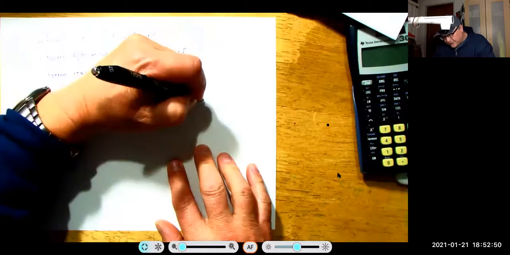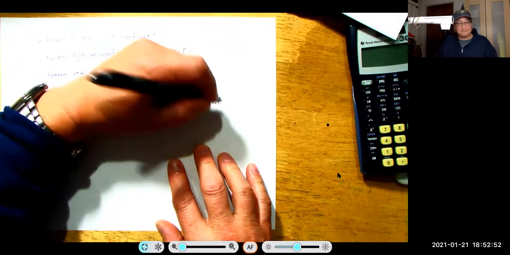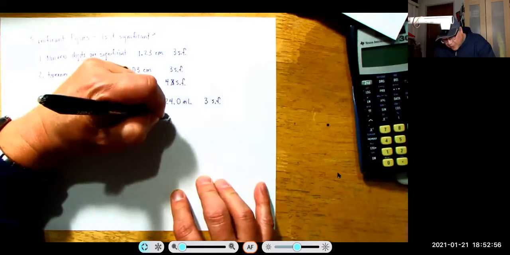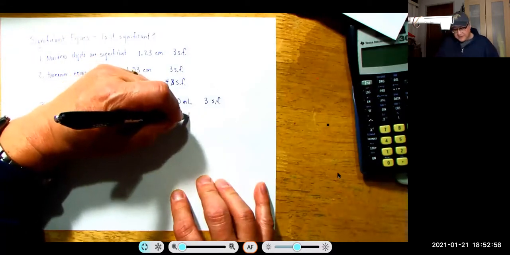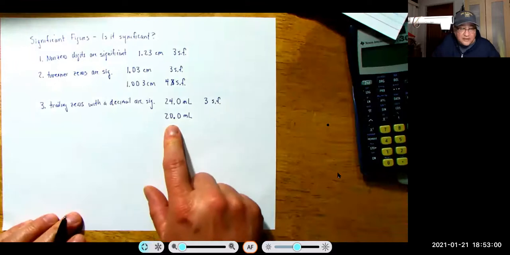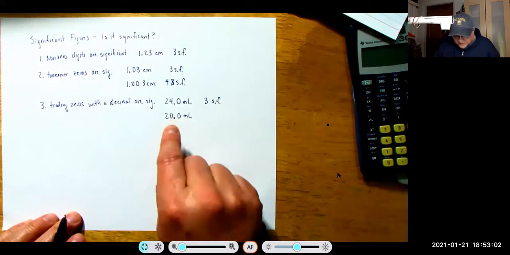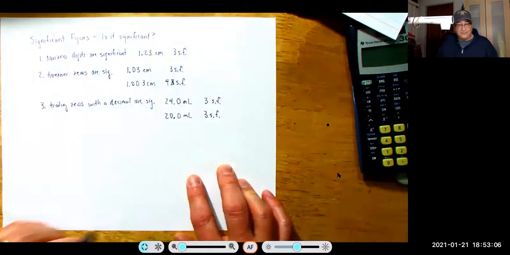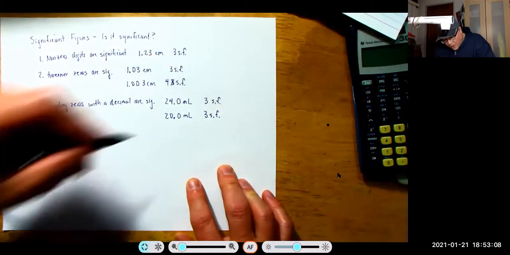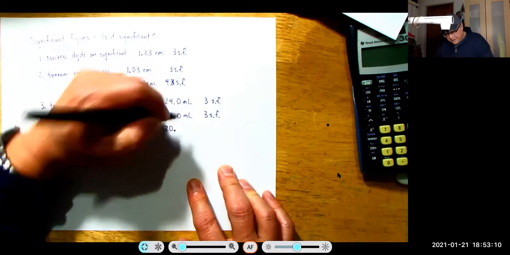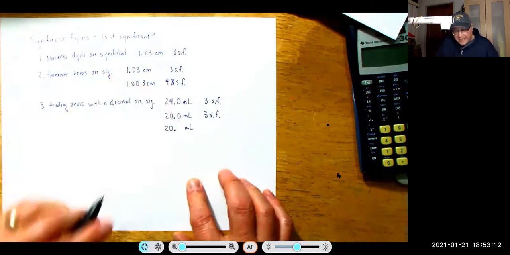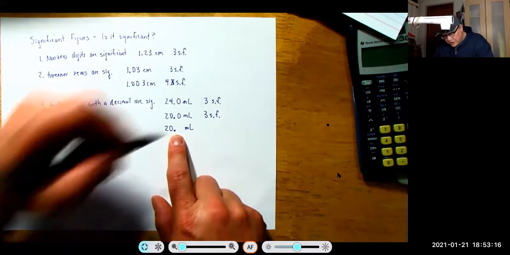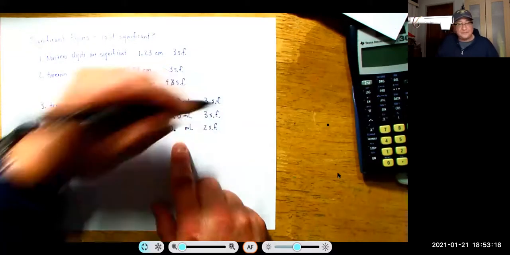So this has 3 significant figures. If it had been 20.0 milliliters, these are both trailing zeros. There's a decimal. This is 3 sig figs. If it was 20 milliliters, that's a trailing zero. There's a decimal, 2 sig figs.